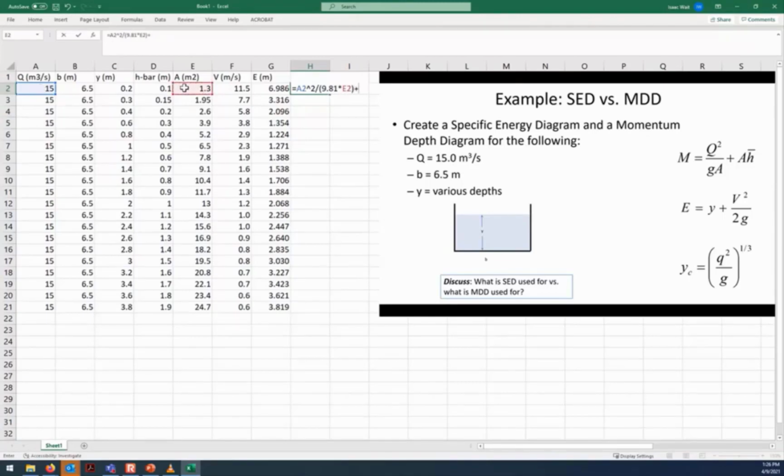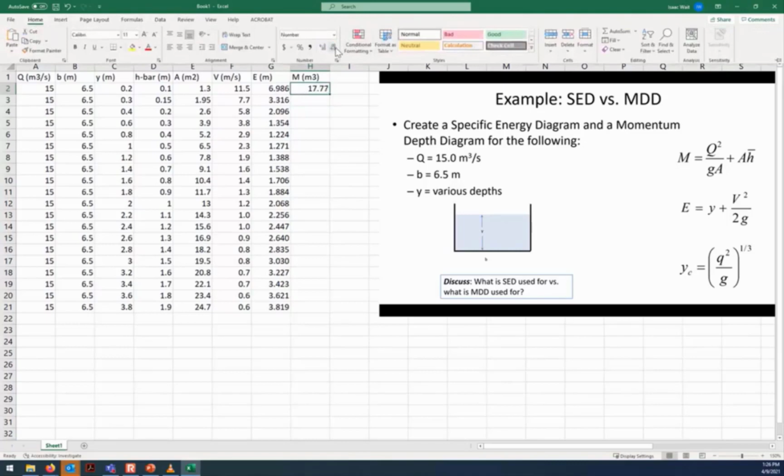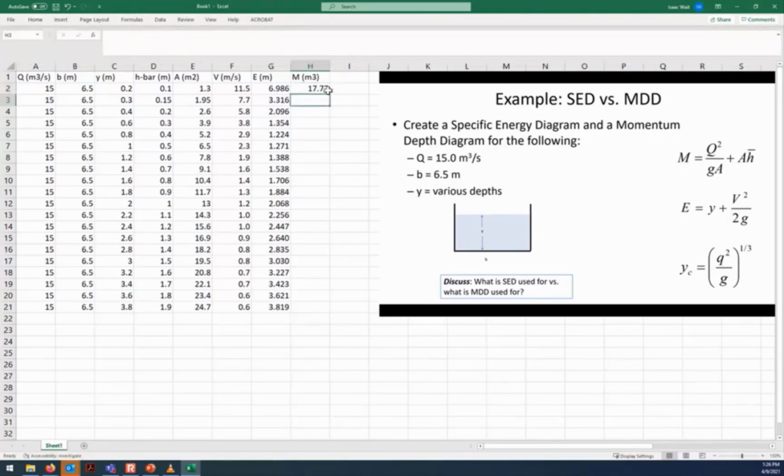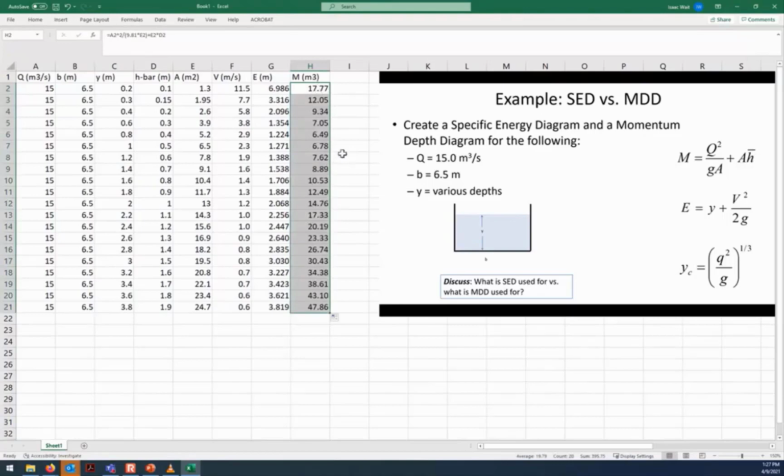And now I'm adding A times delta, H bar. So we have the momentum function for this relatively shallow depth, and dragging the cell down. If I just double click, I don't necessarily have to drag it. It'll apply the formula down as long as there are that many rows.